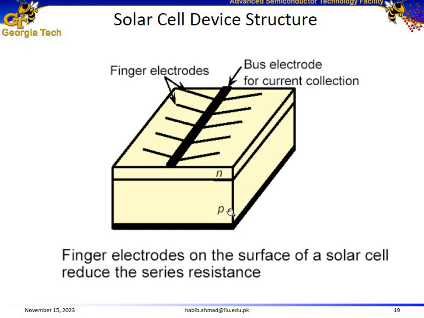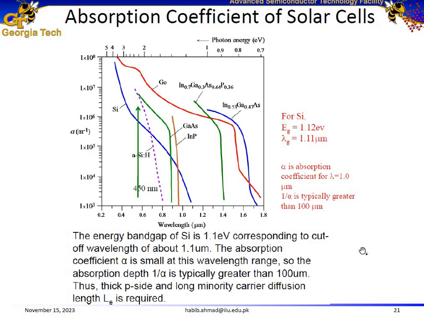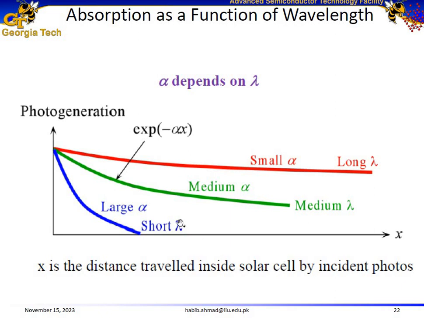So the p-type layer has a certain resistance and the n-type layer has a certain resistance, and both of them add up, resulting in a series resistance. Another important parameter that we care about is quantum efficiency. Also another parameter is fill factor. So these are the parameters that we really care about in solar cells.